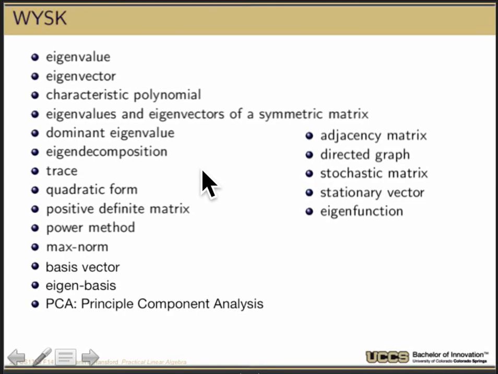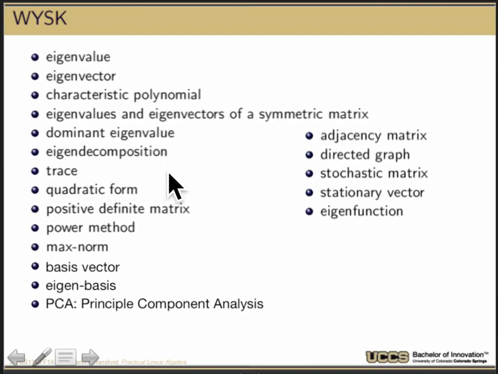Okay, so the other terms you need to know from this chapter, going all the way back, this is the third of 3 videos: eigenvalues, vectors, characteristic polynomials, properties about eigenvalues and eigenvectors of symmetric matrices, dominant eigenvalue, eigendecomposition, right? For every symmetric matrix, you get R lambda R transpose.